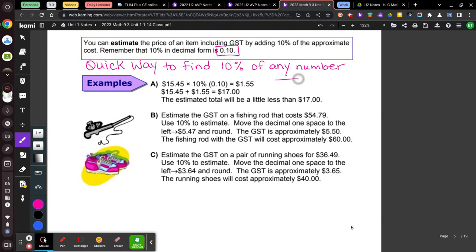Okay, here's our quick way. The quick way is move the decimal 1 to the left. And that tells you what 10% of that number would be.